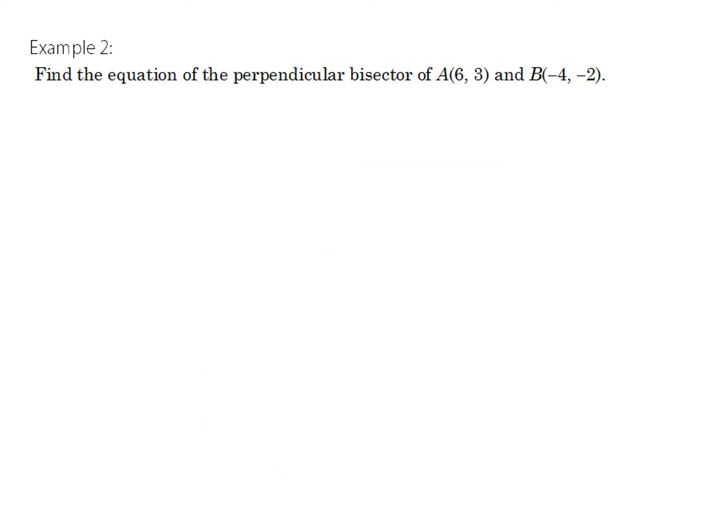The second example, find the equation of the perpendicular bisector of A and B, where A has coordinates 6, 3, and B has coordinates negative 4, negative 2. So we need the midpoint, averaging the x coordinates, 6 plus negative 4 over 2, averaging the y coordinates, 3 plus negative 2 over 2.